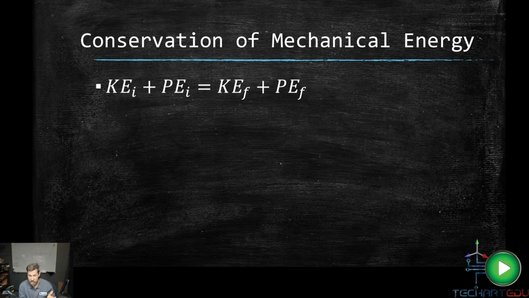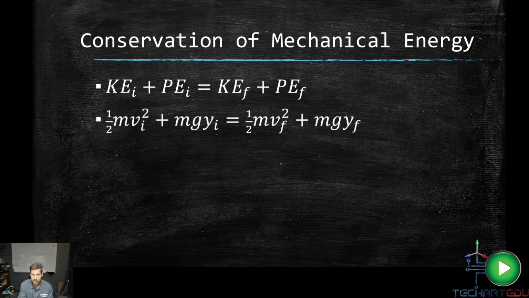If you combine those before a collision, and then the kinetic energy and the potential energy after the collision, before the collision and after the collision, they equal each other. And so that's called the conservation of mechanical energy. And that's a direct translation of Newton's third law. And that all comes down to this gobbledygook here.